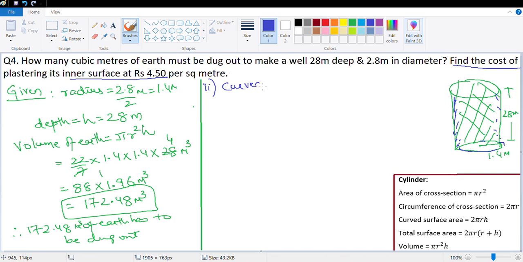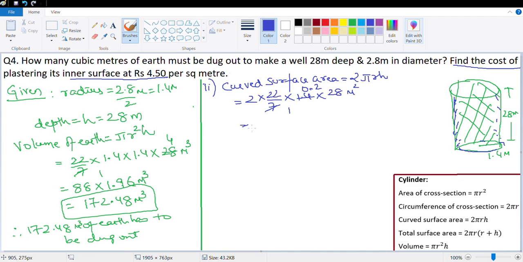Curved surface area is given by 2 pi r h. In this case 2 into 22 upon 7 into r, which is 1.4, into h, which is 28 meter square.